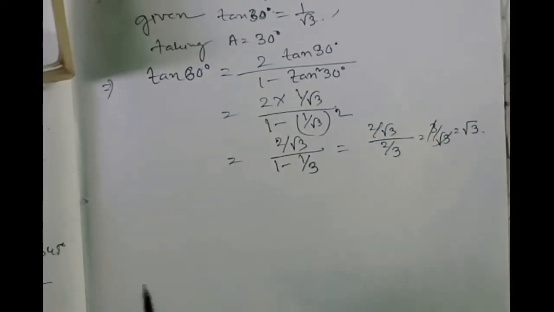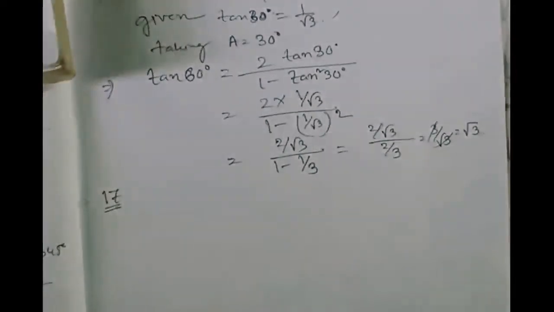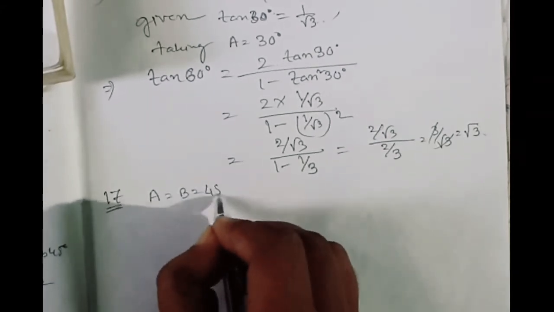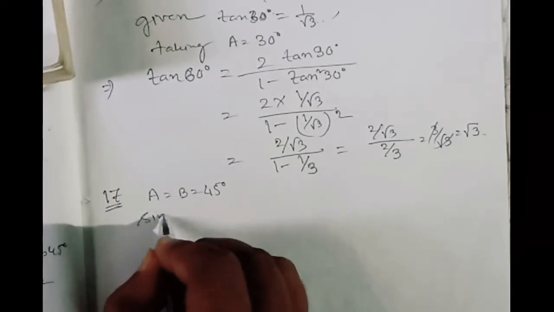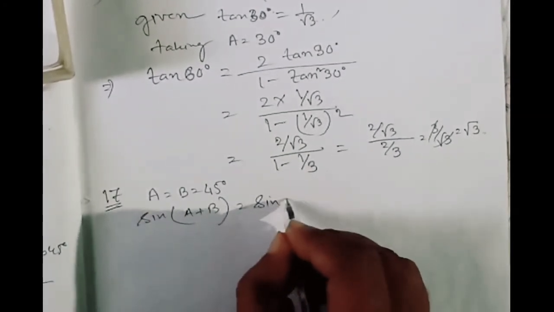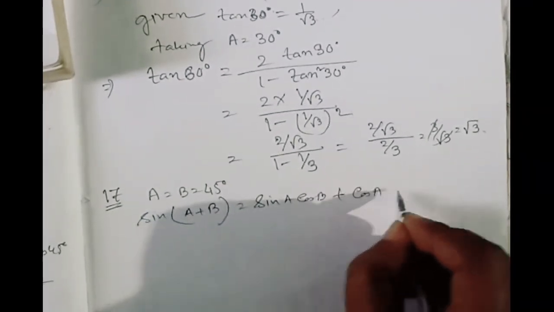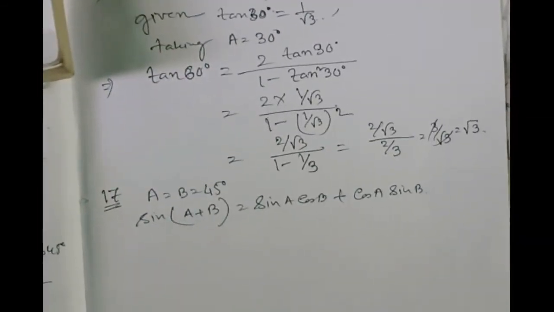Okay. Next, move to question number 17. Question number 17, it is given that A is equal to B is equal to 45 degrees. Then verify sin A plus B is equal to sin A cos B plus cos A sin B. This we have to verify.